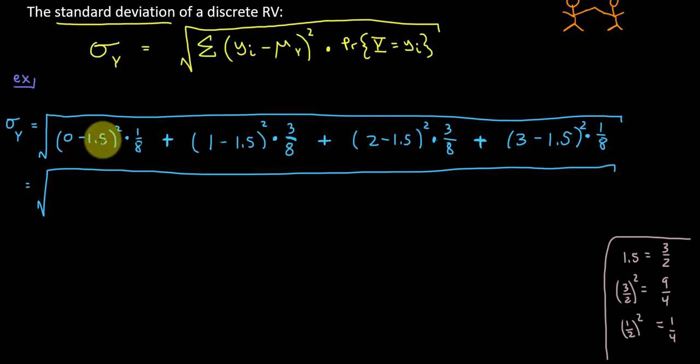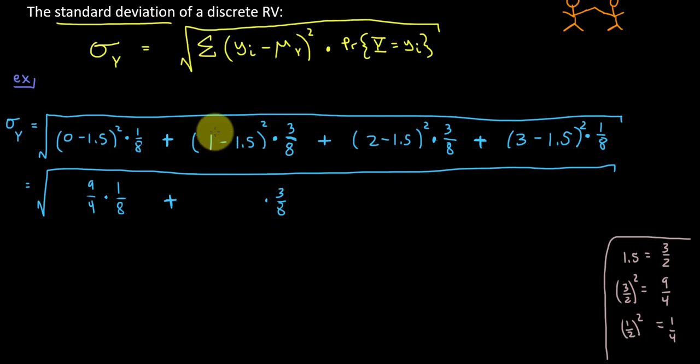Here I see a negative 1/2 squared. I know that those negatives will cancel out when they're squared. So 1.5 squared, that would be 9/4. And I'll just keep that multiplication by 1/8 for right now.